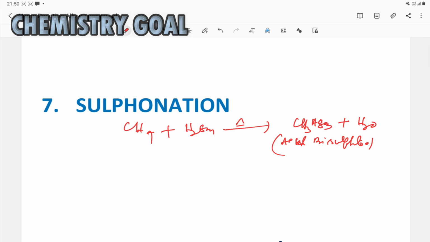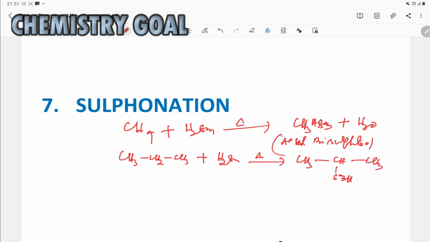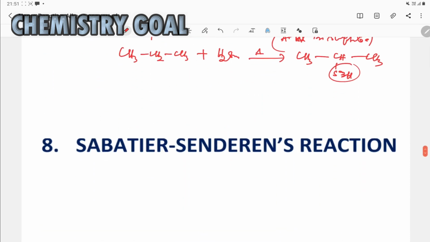So alkyl bisulfate is formed when alkane reacts with sulfuric acid. If you take propane with the same sulfuric acid, the same bisulfate compound is formed. So this reaction is called sulphonation.